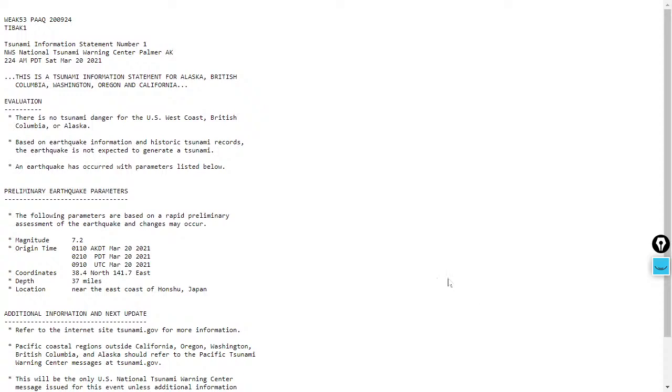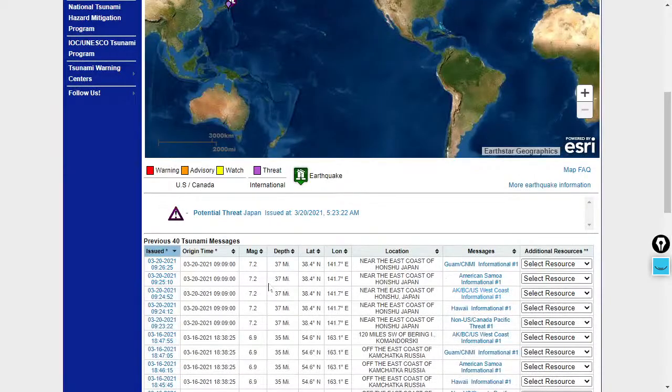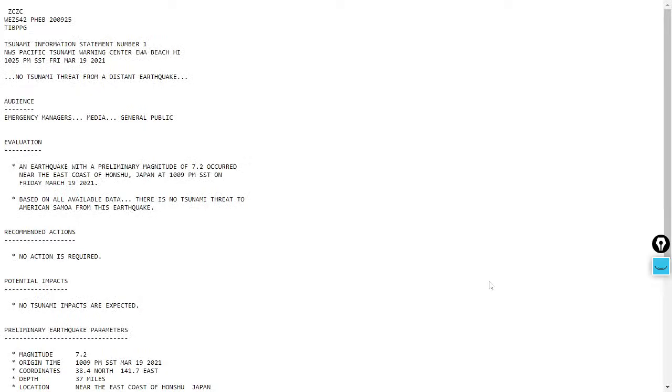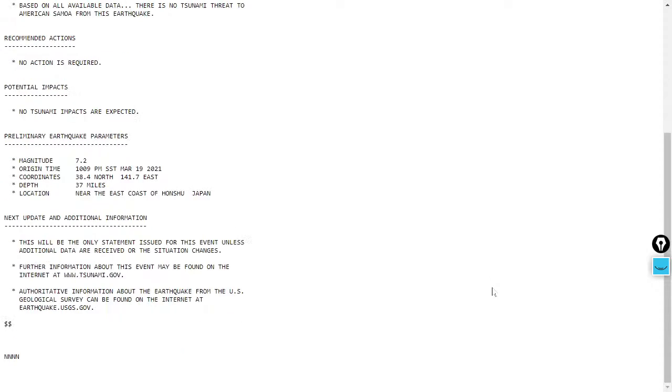No danger for West Coast, British Columbia, or Alaska. Here's number 4, American Samoa International. No tsunami threat to American Samoa. And Guam. No tsunami threat for Guam, Rota, or Tinian, or Saipan.